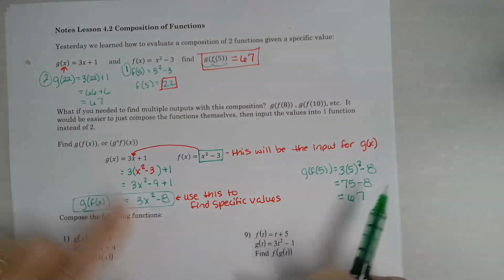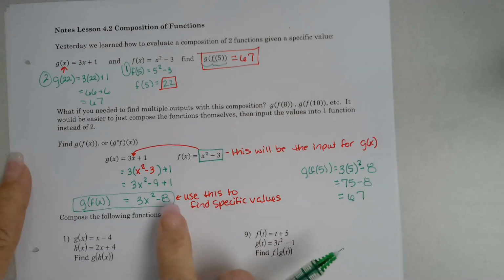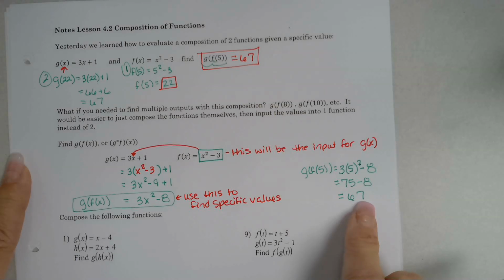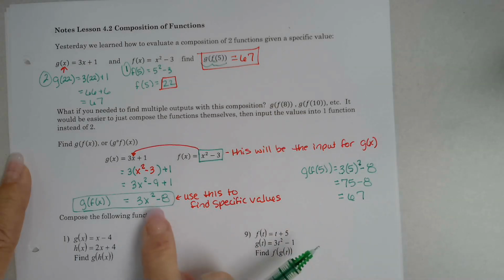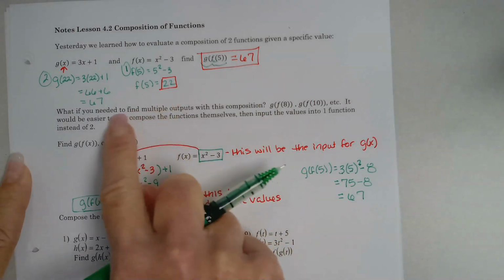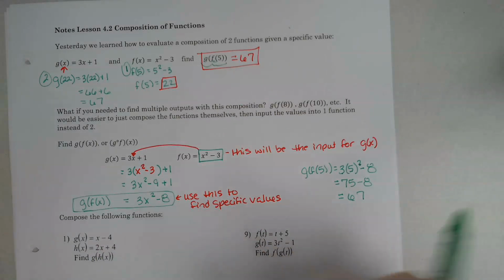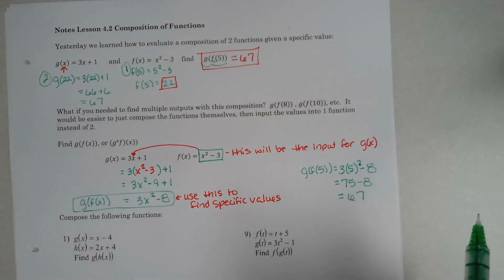So either way we do it, this way or compose the functions and then plug it in, we get the same result. But a lot of times we'll compose two functions together just to save us a step of having to plug in a value into each different function rule, especially if we had to find multiple different solutions.